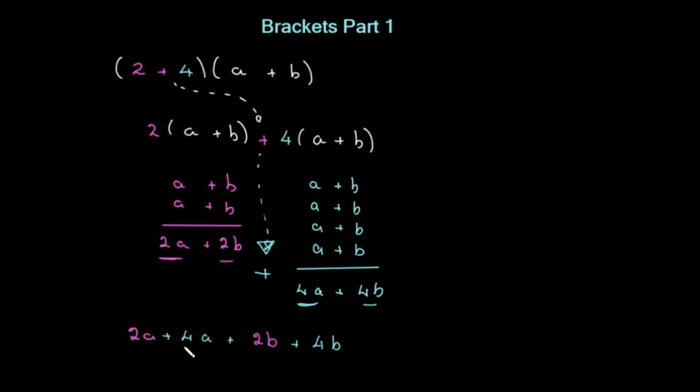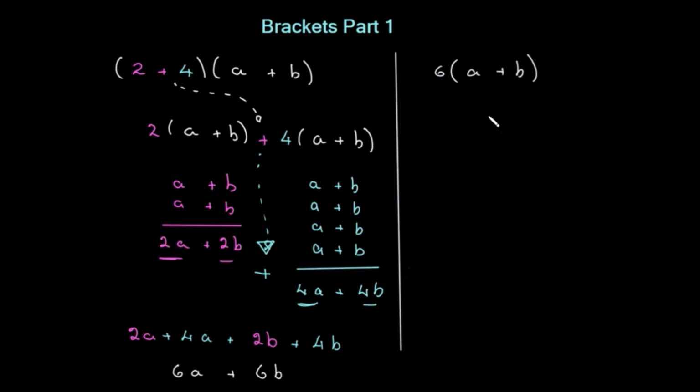2 plus 4 is 6a. That's plus 2 plus 4 is 6b. Is that the same as what we've done? Top. Now look, 2 plus 4 is 6. There's your bracket. A plus b. Multiply everything inside the bracket by what's outside.